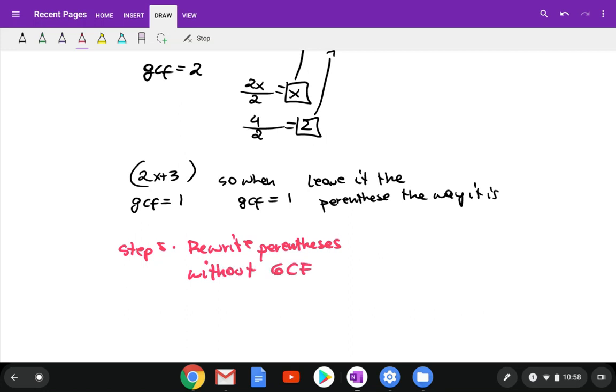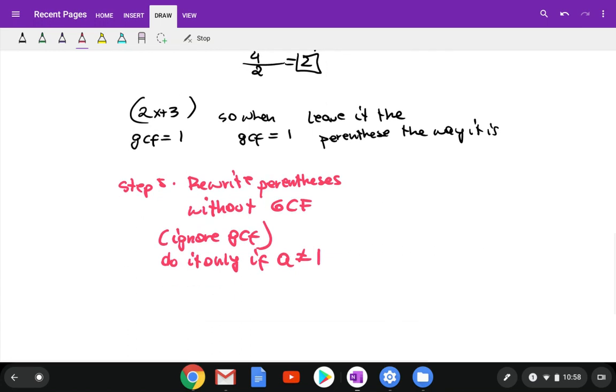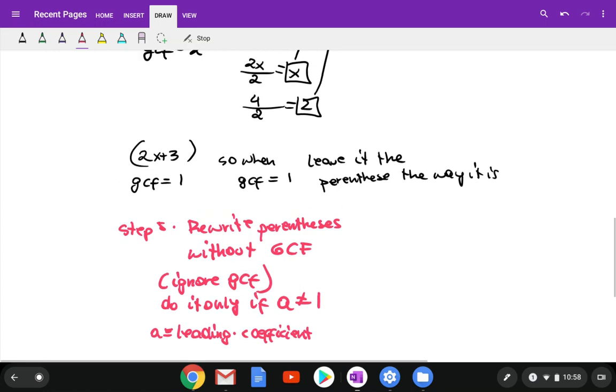So you ignore the GCF, and you only do that if the leading coefficient is not equal to 1. Again, a is the leading coefficient. The leading coefficient is the real number which is in front of the variable to the highest exponent.